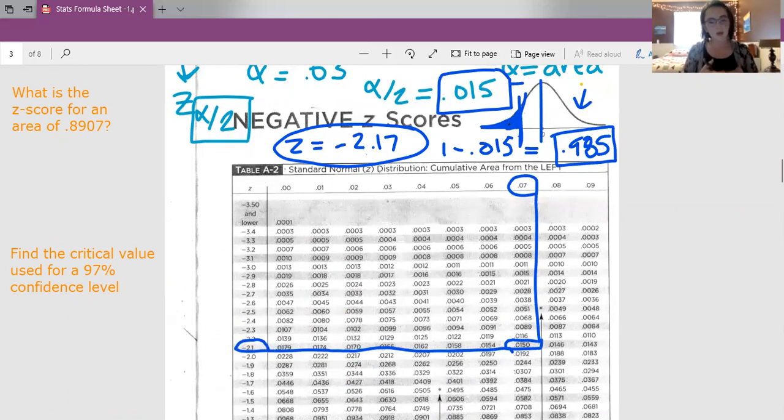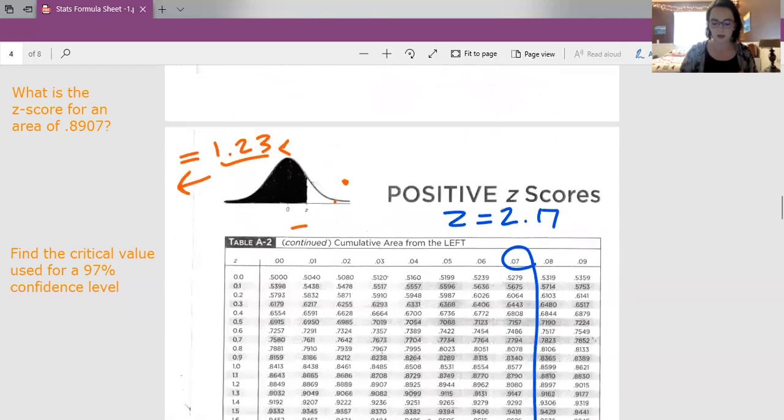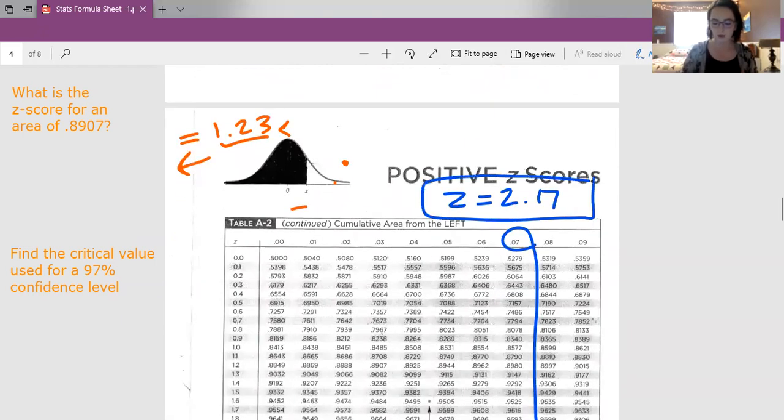So then the answer to this question, find the critical value for a 97% confidence level, is going to be the positive z-score. Now, you're not going to write it as z equals 2.17, because we have to specify which z we're talking about.